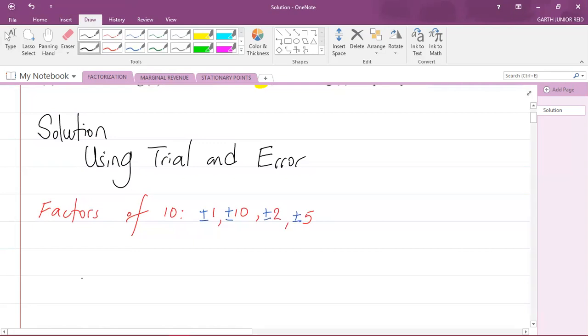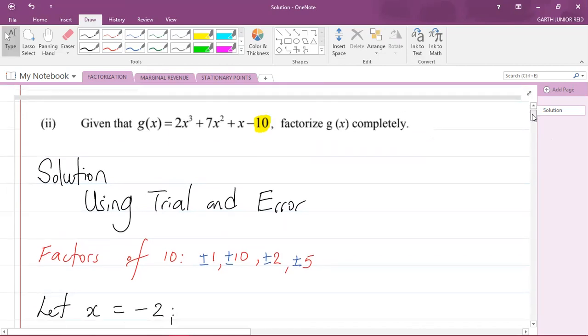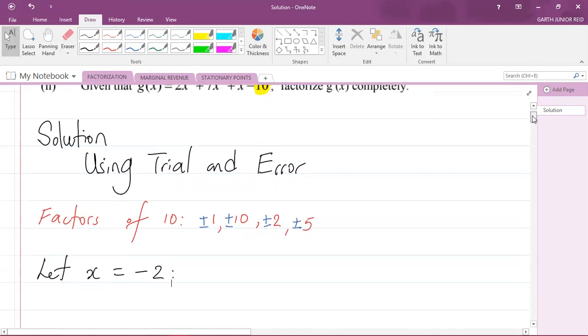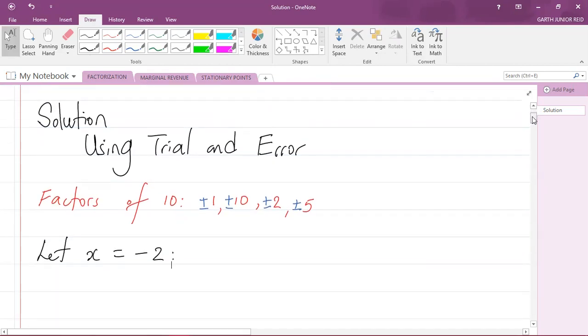So we're going to let x be equal to negative 2. We're going to try x equals negative 2. We know that g of x is equal to 2x cubed plus 7x squared plus x minus 10.